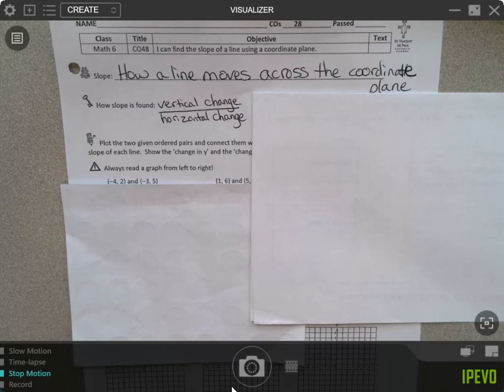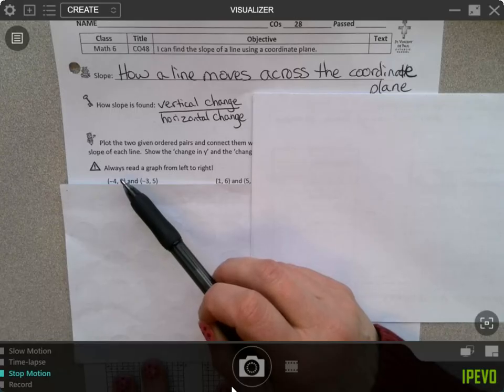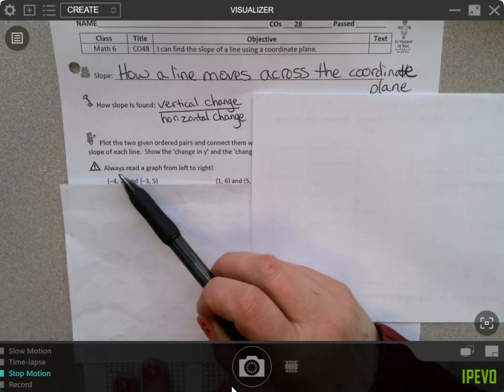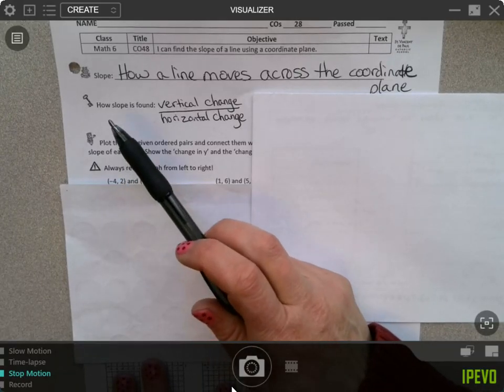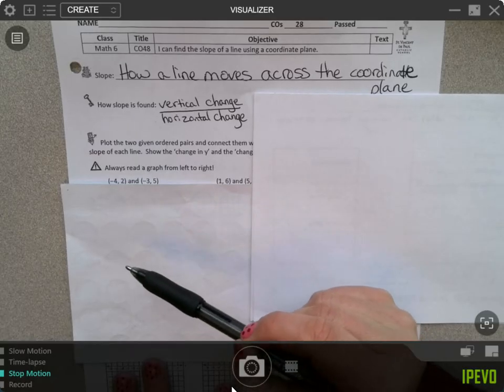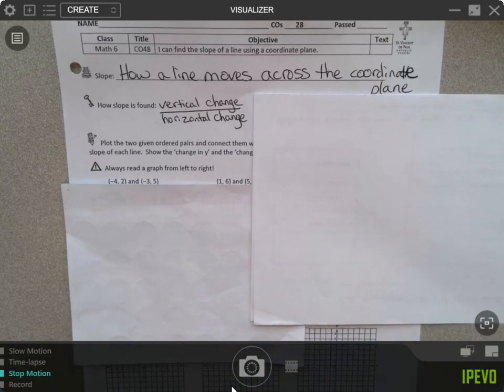So in order to find that slope, you need to have 2 points on the coordinate plane. And because we always read from left to right, we start on the left side, the point that's on the farthest left, and we go up or down to where the next point is on that ordered pair. We count how many moves, how many lines up or how many lines down.